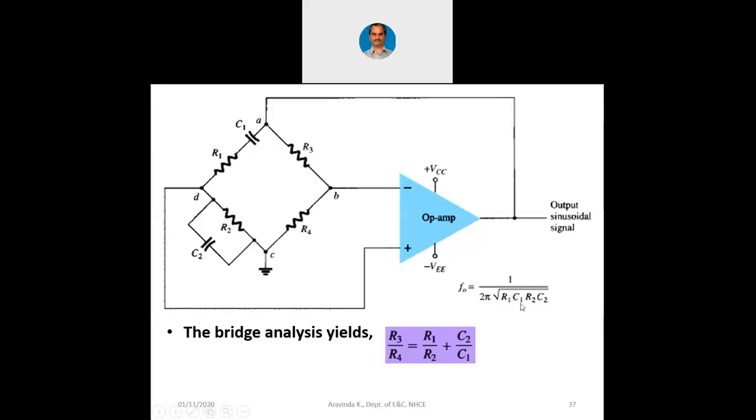Now through the bridge analysis, when R3 by R4 is equal to R1 by R2 plus C2 by C1, when R1 is equal to R2 and C1 is equal to C2, then R3 by R4 is going to be 2. That is what is shown there as 2R dash and R dash. In this way, we can have a Wien bridge oscillator circuit.